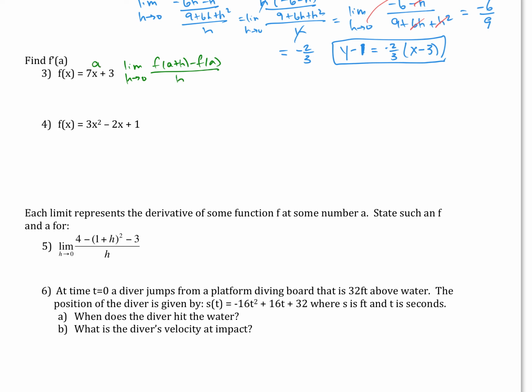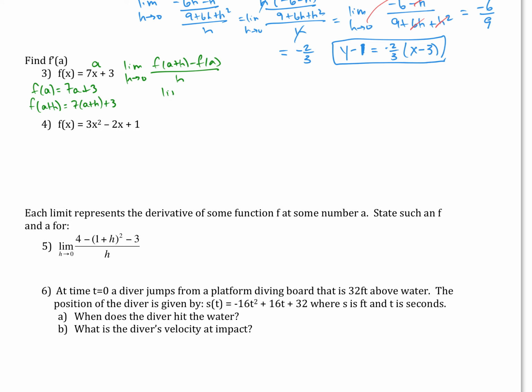So guess what my point is? It's just a. So I'm going to put a in there. So f of a is 7a plus 3. F of a plus h will be 7 times a plus h, plus 3. So those are the values I'm going to plug in there. So here's what I end up with.